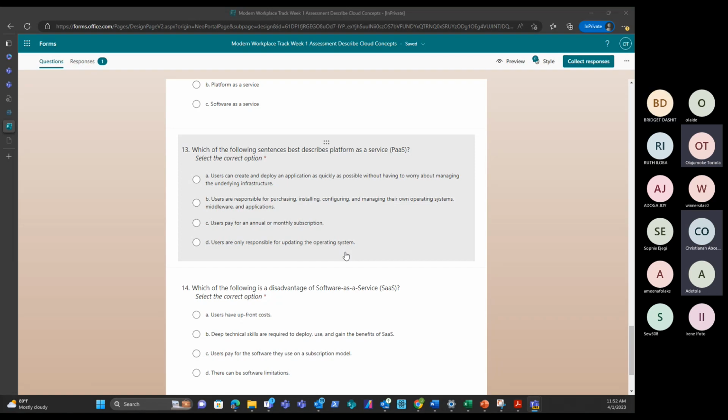The middleware and the installation of the operating system are already done by the provider. It's only the application. That's why we said the PaaS environment is a very good environment for developers, because all you need is the application you're bringing to put on.